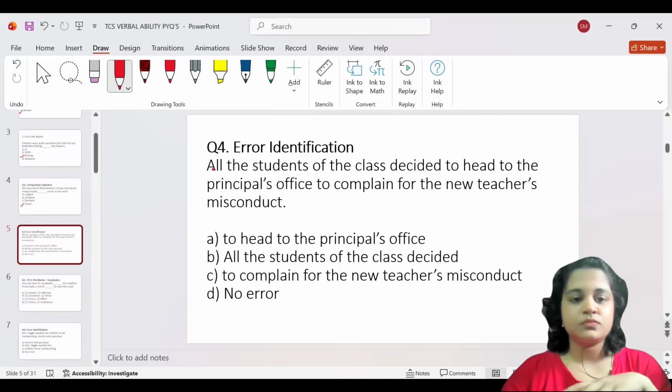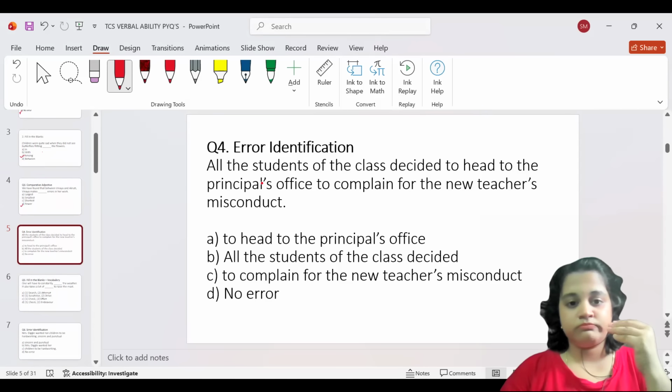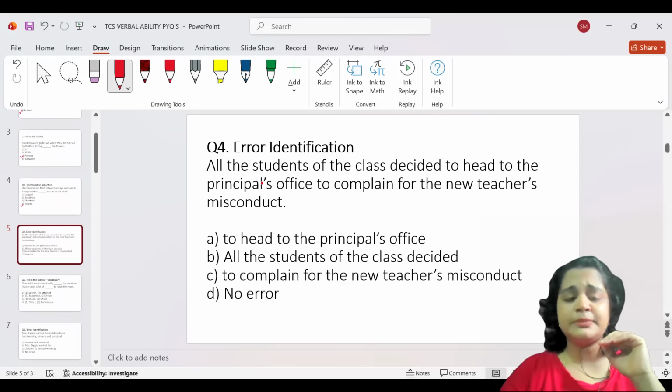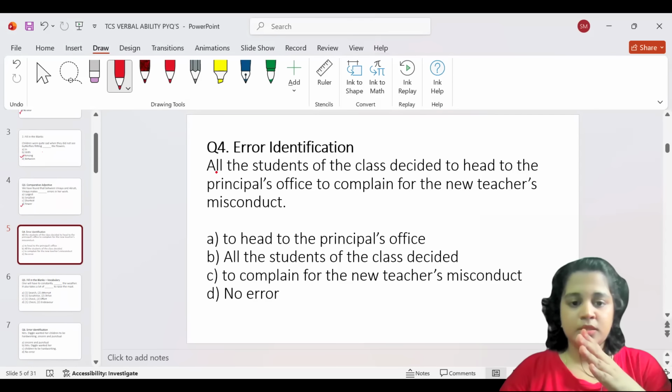Let us go to question number 4. All students of the class decided to head to the principal's office to complain for the new teacher's misconduct. And it is an error identification question. Once again, let me repeat myself so that it stays within your heads. Look for the subject verb agreement, basically the SVC pattern.